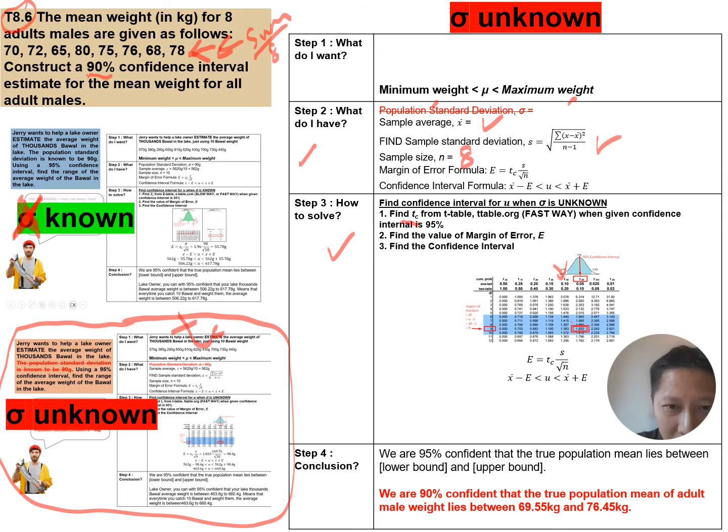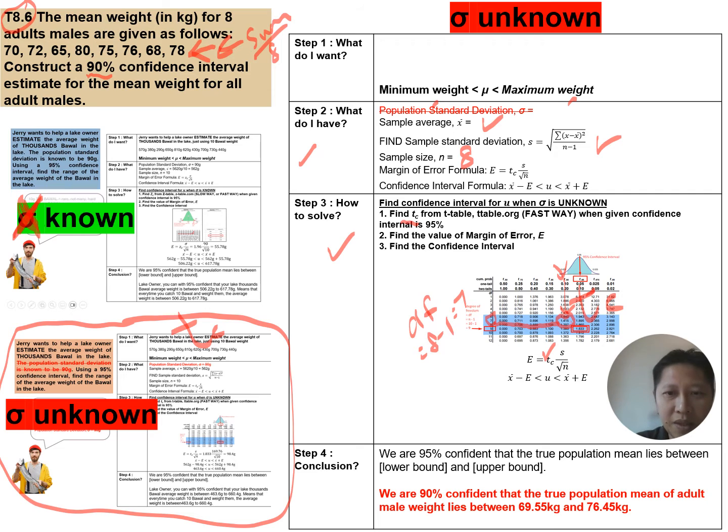And then our degree of freedom is 8 minus 1, so it will be 7, it will be here. This will be our TC.